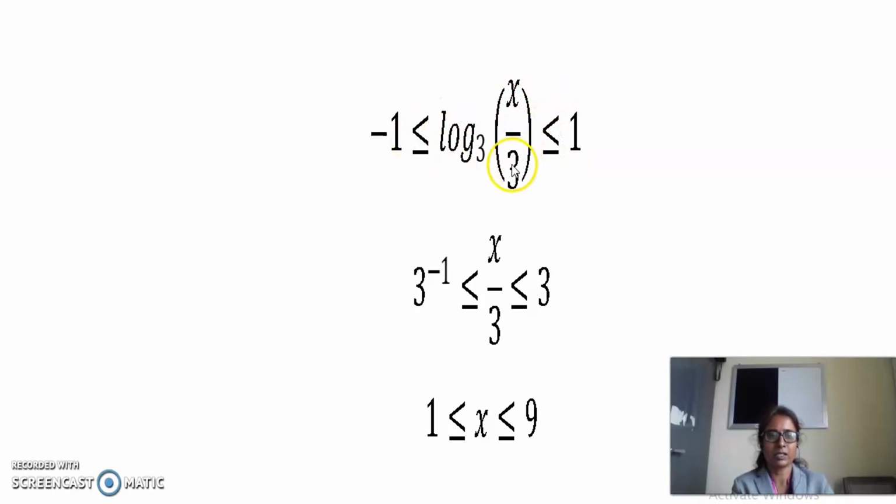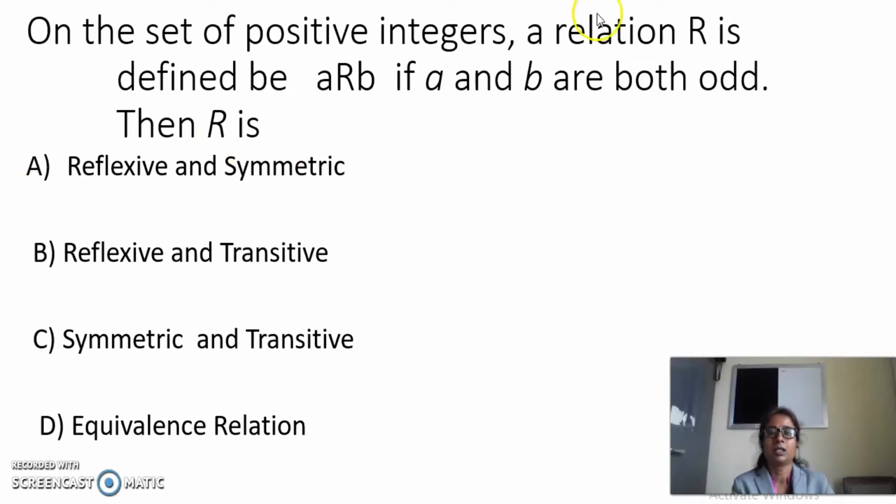So taking log of x by 3 to the base 3 in the range -1 to 1, x by 3 will be greater than or equal to 3 raised to -1 and less than or equal to 3. Multiply by 3. 3 into 1 by 3 is 1. X by 3 into 3 will be x. 3 into 3 will be 9. So for which values of x does the domain exist? For all x greater than or equal to 1 and less than or equal to 9, or it is the closed interval 1 comma 9.